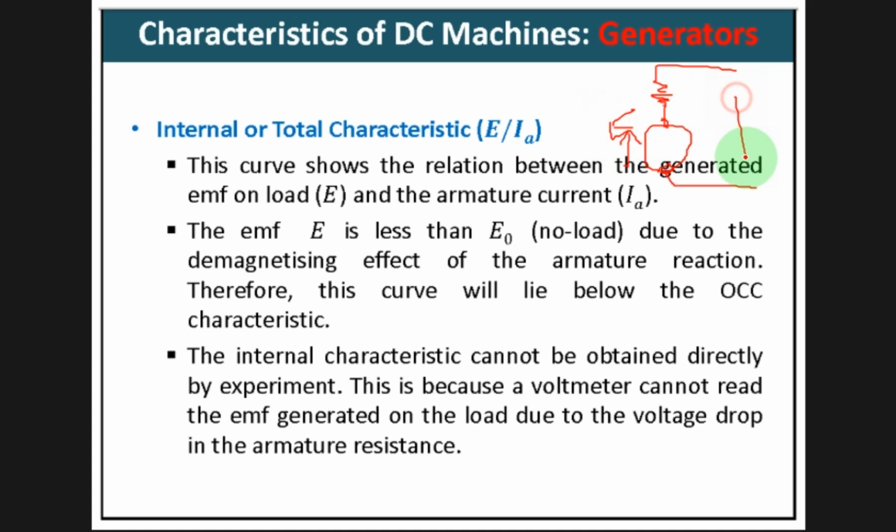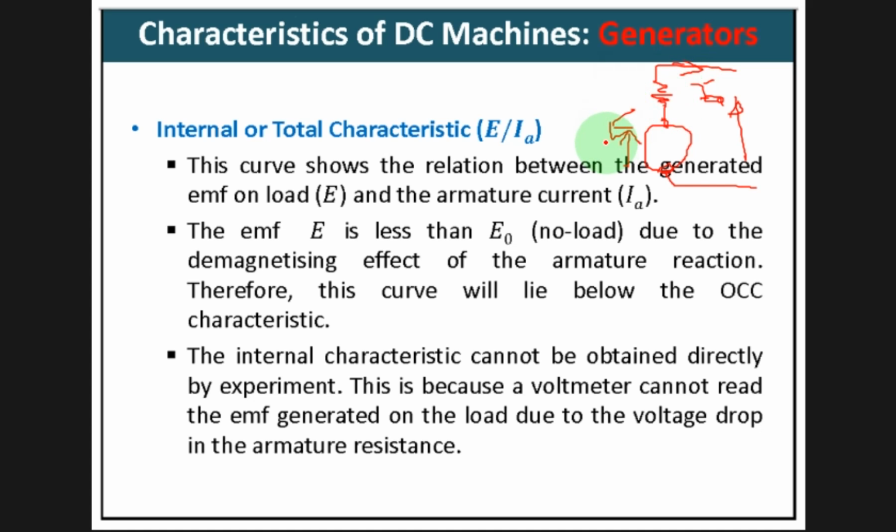You can measure this voltage, but this is when there is a current, that is on load, no? So if there is a current IA flowing on this one, then there will be a voltage drop happening here. Therefore, even though you can measure this one, you can't measure this.